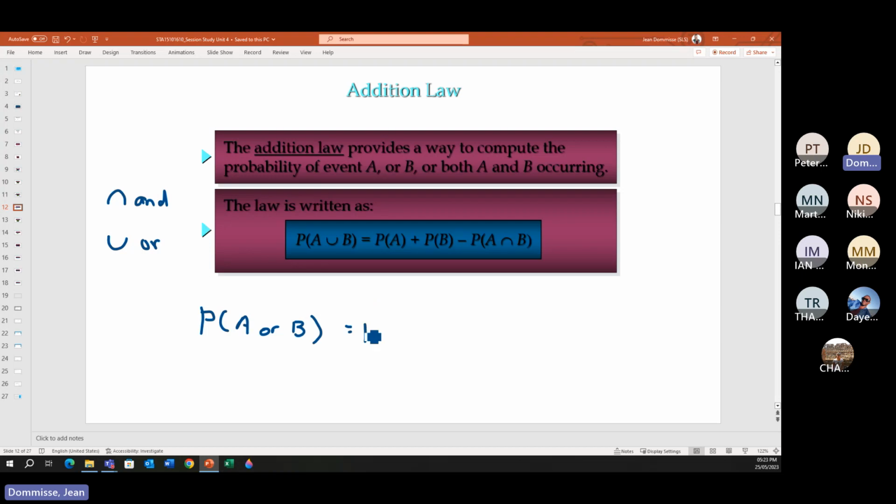It is the probability of A plus the probability of B minus the probability of the and. We'll get into some exercises now, but I thought it's important to show some of the ways that it is written.